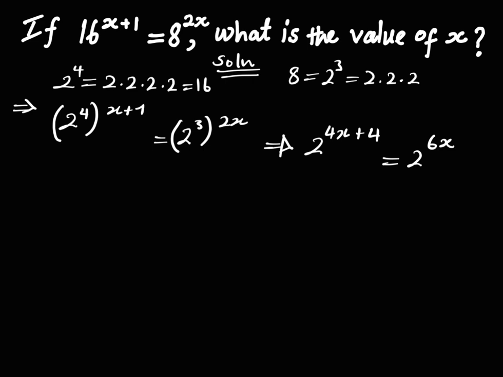Now, when you are dealing with exponential equations, if you have the same bases on the right hand side and the left hand side of the equation, and the two sides are equal, then you can equate the powers. You can say the powers are equal, okay? Whenever you have the right hand side versus the left hand side, if the bases are the same, then the exponents are also equal.